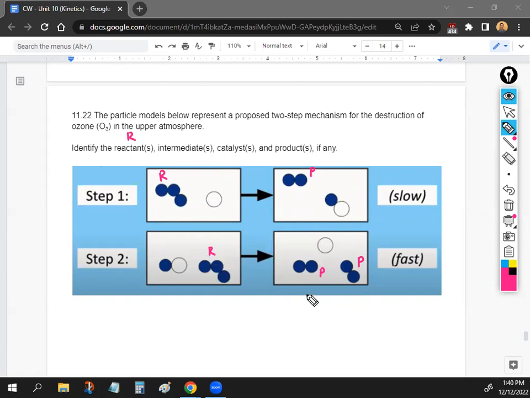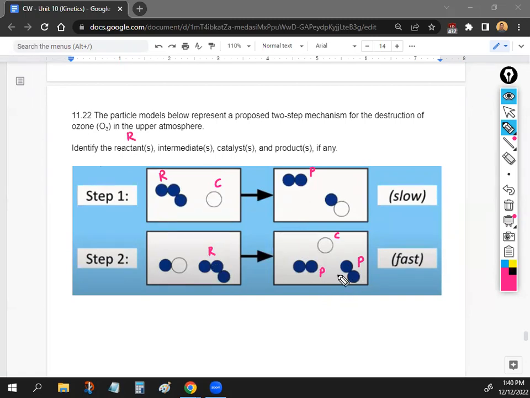Now, catalysts. The easiest way to identify it is they look the same in the beginning and at the end. Which one of them is the catalyst? Yeah, the white single dot. This is the catalyst, because there's a white circle in the beginning and a white circle at the end. It hasn't changed in the reaction.